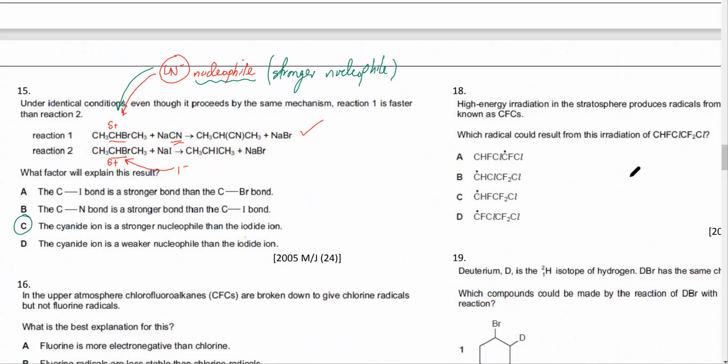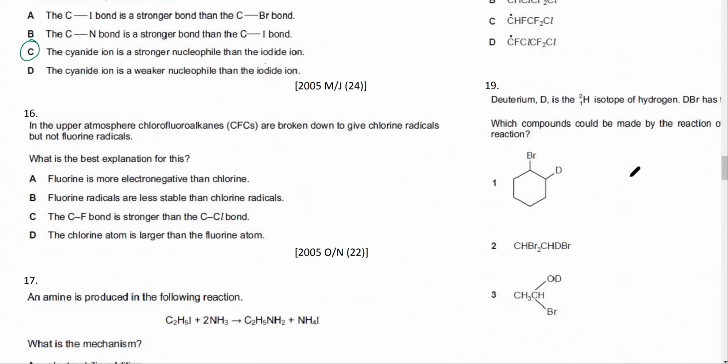The next question: in the upper atmosphere, CFCs are broken down to give chlorine radicals, but not fluorine radicals. We studied this yesterday. Why are fluorine radicals not produced? They are produced, but not in a large quantity.